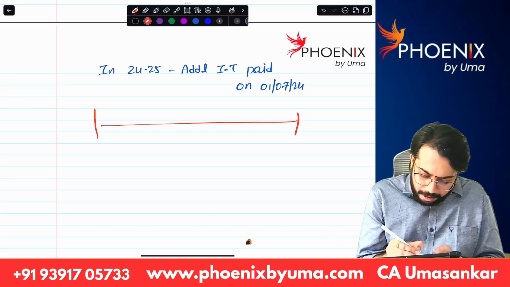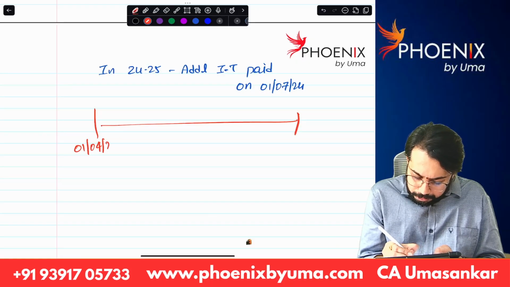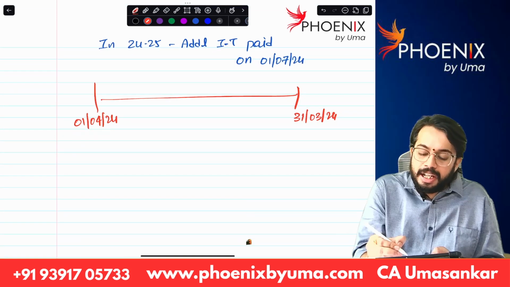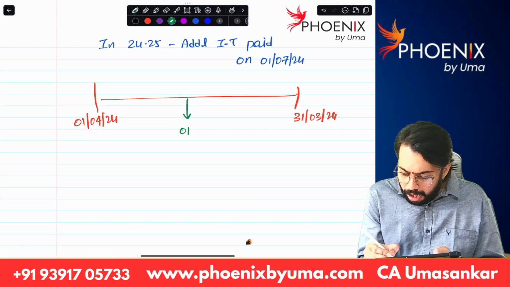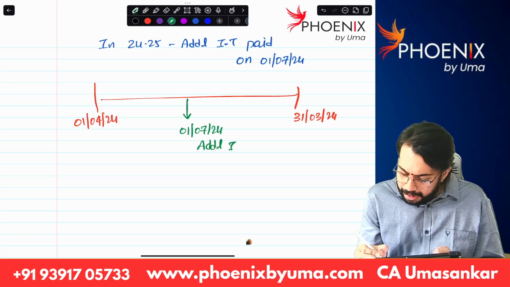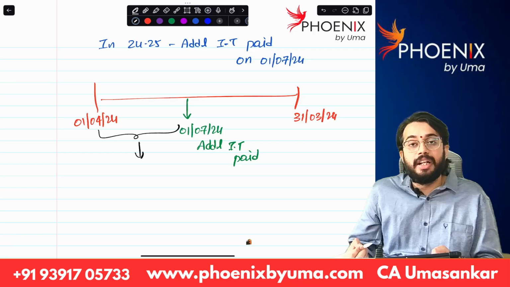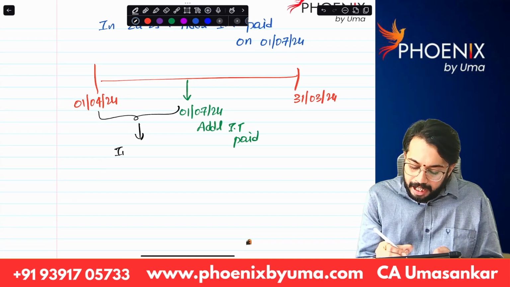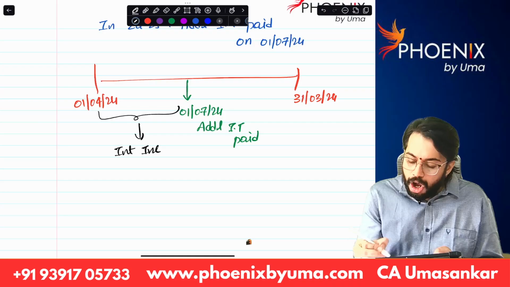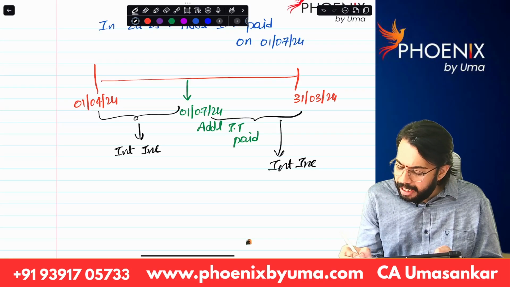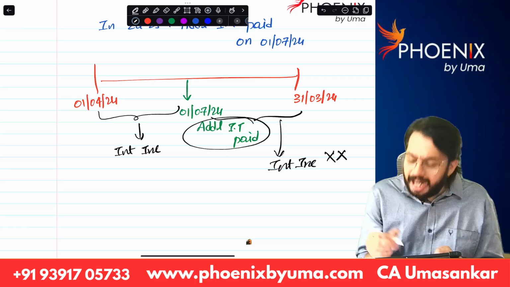That means for the period 1st April 24 to 31st March 2025, additional income tax was paid on 1st July 24, correct? So for the period 1st April 24 to 1st July 24, we will calculate interest income. After 1st July 24, interest income will not be calculated because he already paid additional income tax.